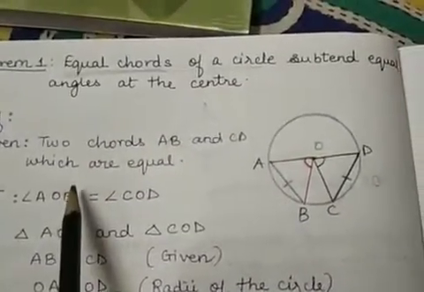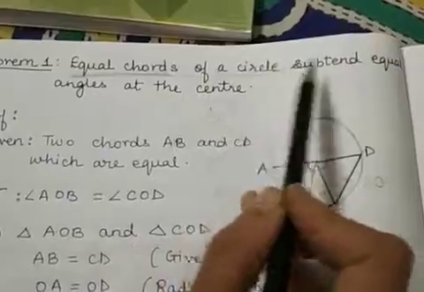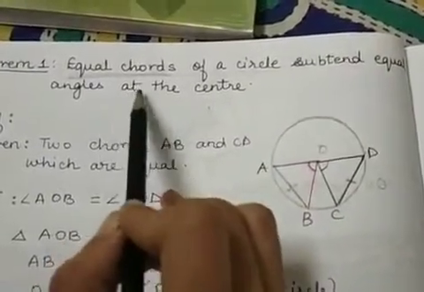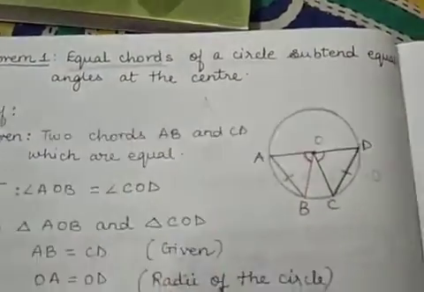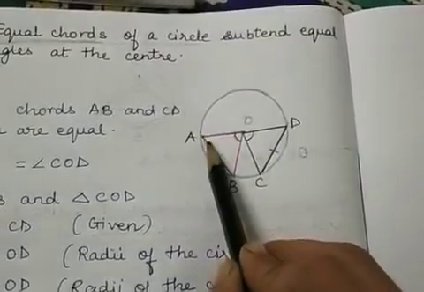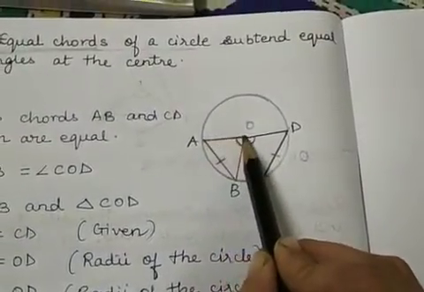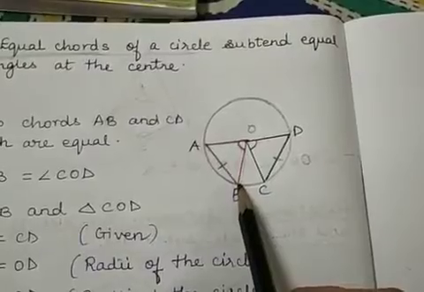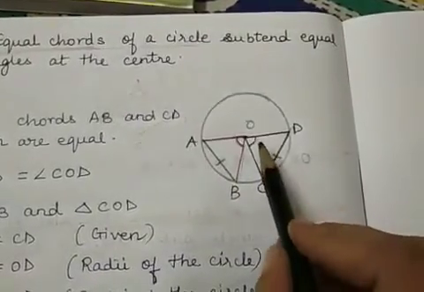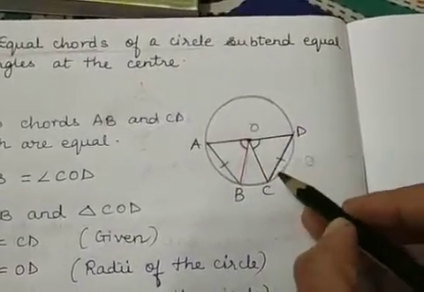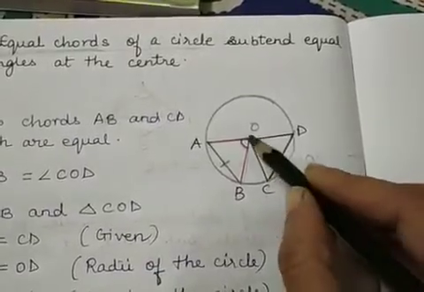What do you have to prove? Angles subtended by these equal chords are also equal. The angle subtended by chord AB is AOB. The angle subtended by chord CD is COD.